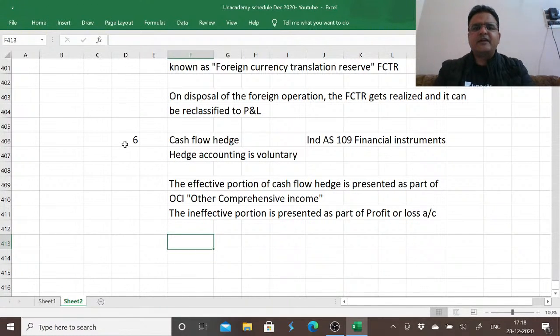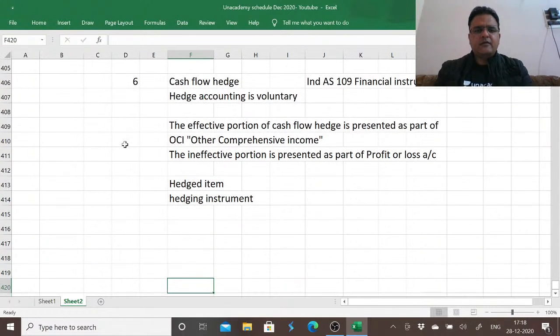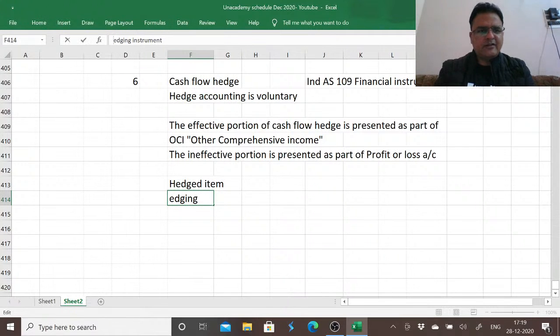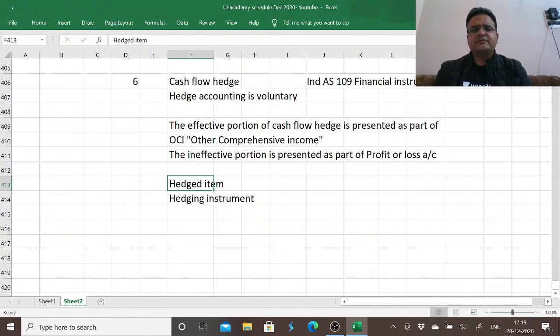Now hedging means that there is a hedged item and there is a hedging instrument which we choose. Now this hedging instrument is chosen so that it will set off any loss on the hedged item through a gain on the hedging instrument, or if there is a gain on the hedged item, it will result into a loss on the hedging instrument.